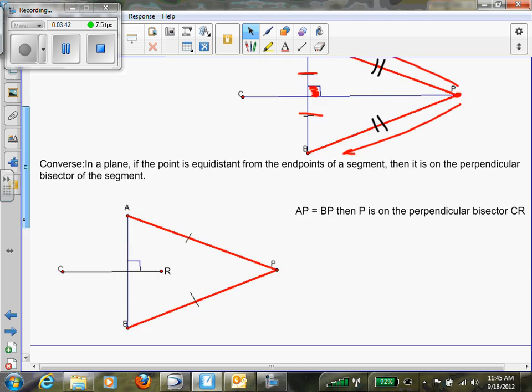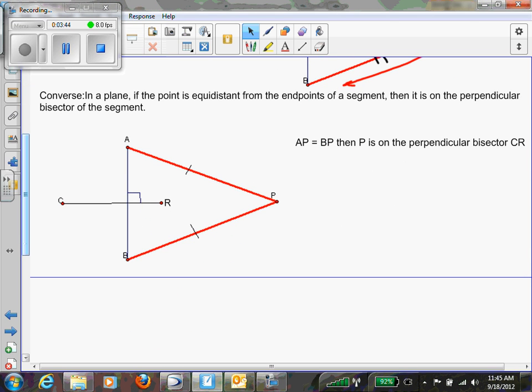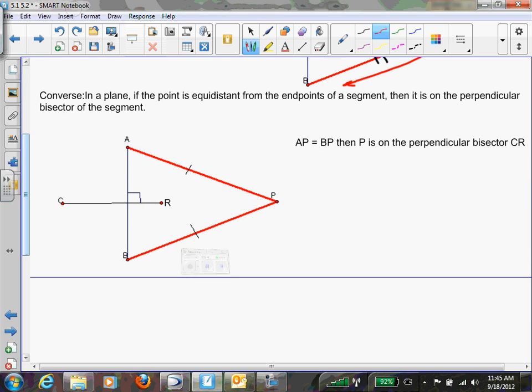All right. Then the converse is the next one that you want to have in your note cards. And you know the converse simply means the opposite, right?